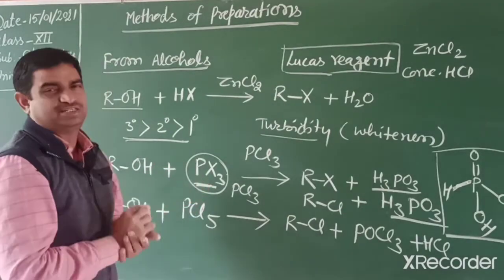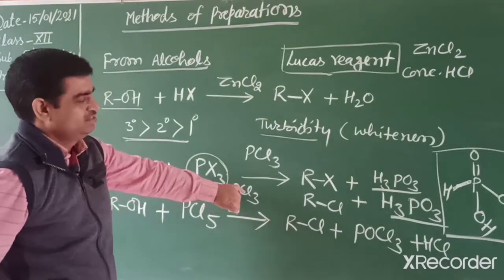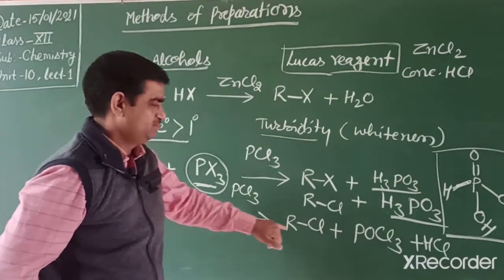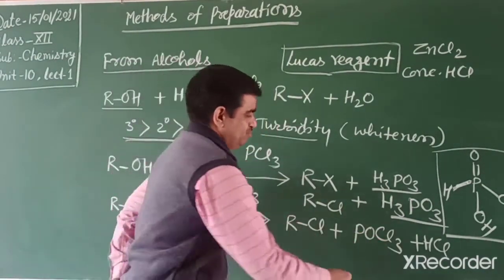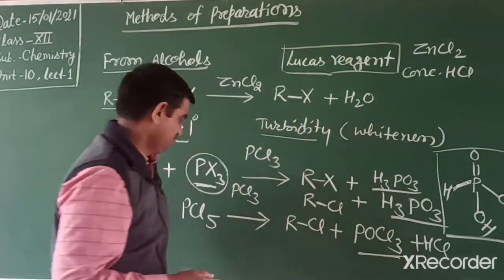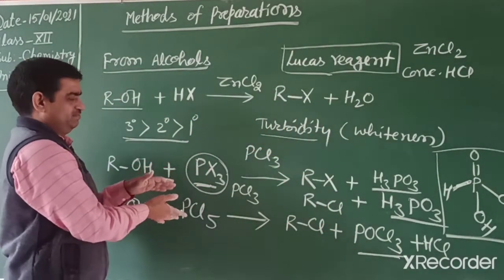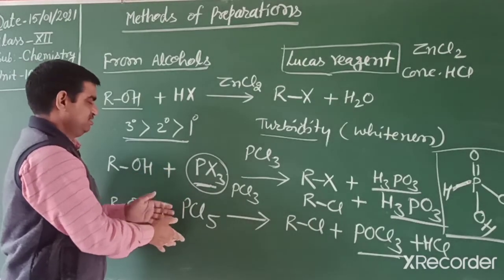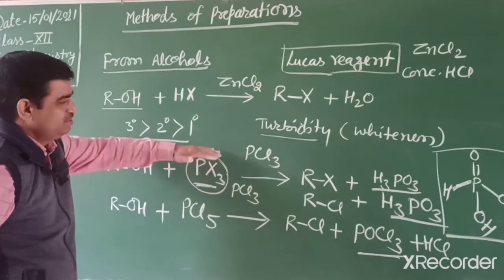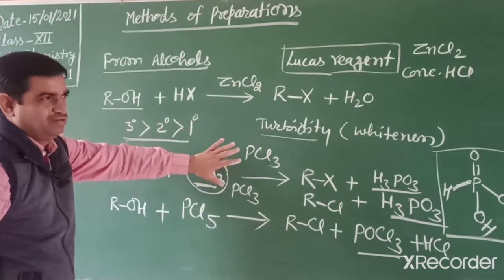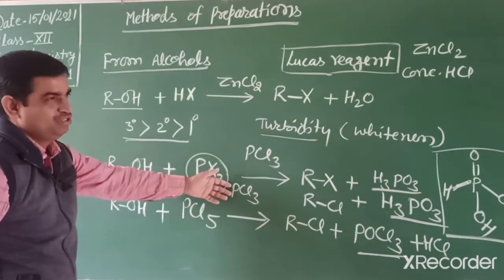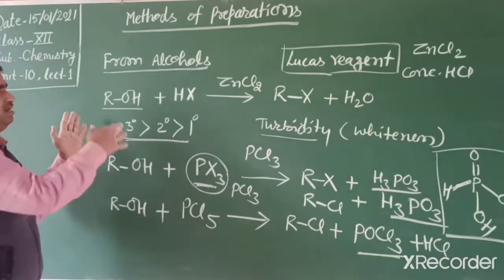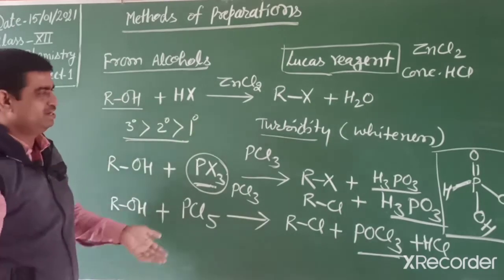There are characteristic products: in PCl3 we get phosphorus acid, and in PCl5 we get POCl3. You should remember, because in your chemistry book these two reactions occur in three places: in the alcohol chapter, in haloalkanes and haloarenes, and in the P block.